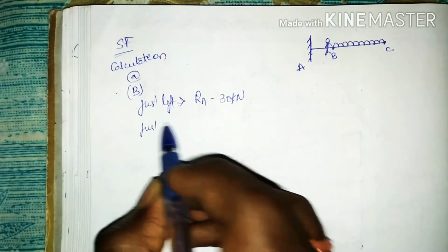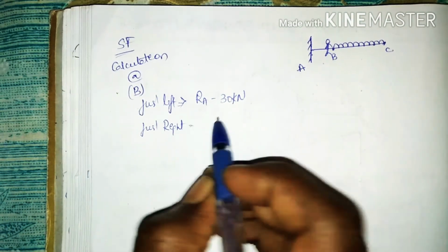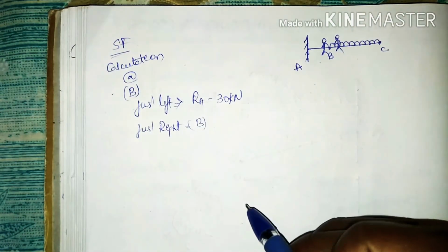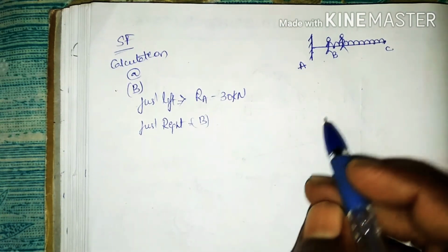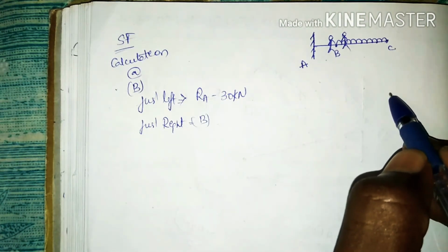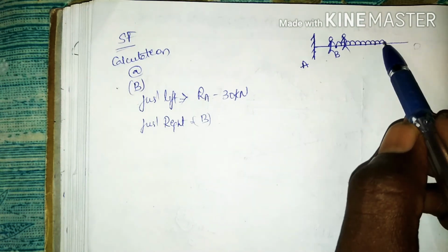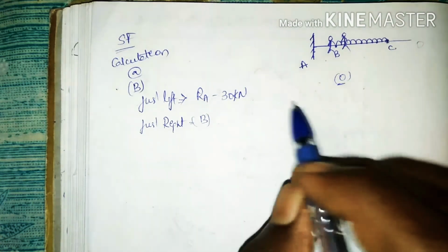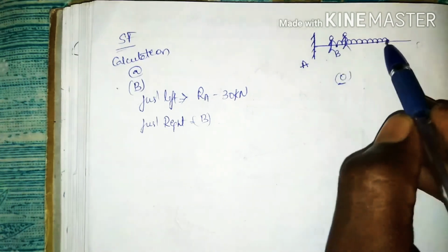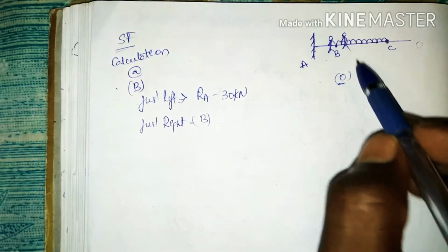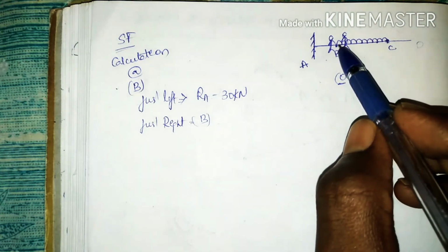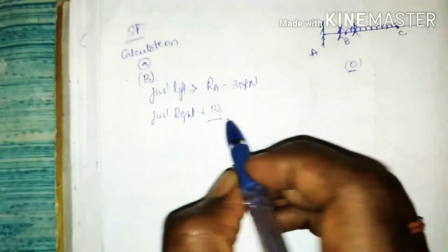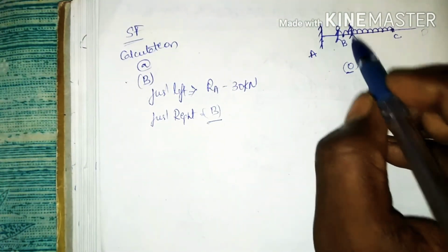Next, just right of B, as we discussed earlier in the last problem, the shear force keeps decreasing to the value of 0. While going from B to C, the shear force is inclined from the value of 30 to 0. Let us find this. Just right of B, it decreases like this.